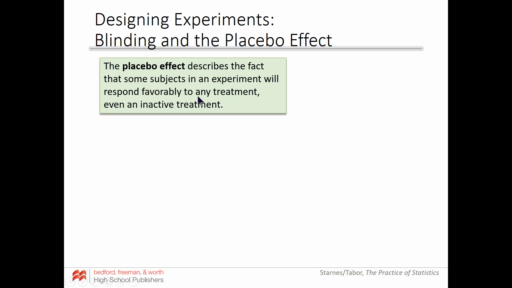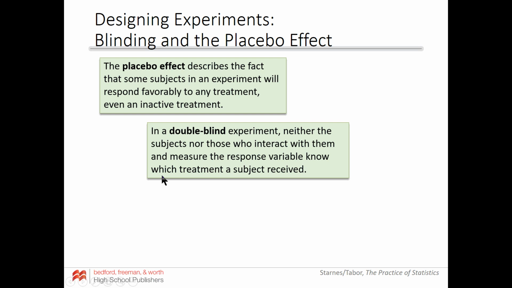They think that because I gave them a kiss on the knee, I made them all better. That's essentially a JV example of the placebo effect. Some subjects will respond favorably to a treatment even if it's inactive. My kiss on their knee was an inactive treatment, but they sometimes respond favorably to that, right?